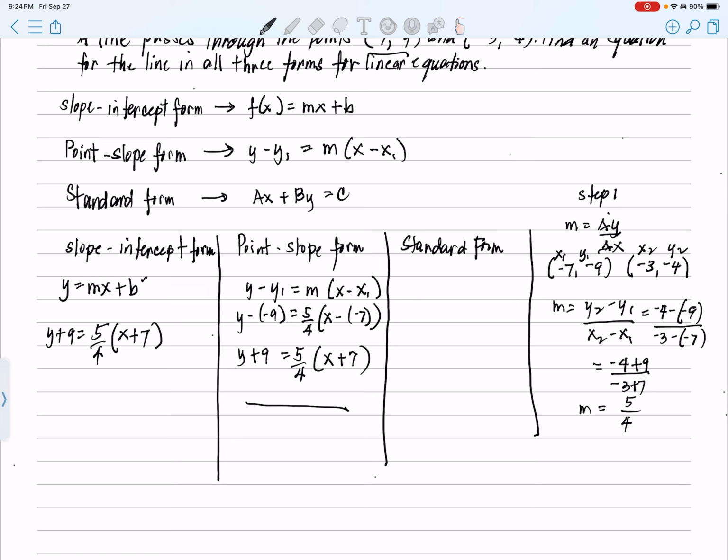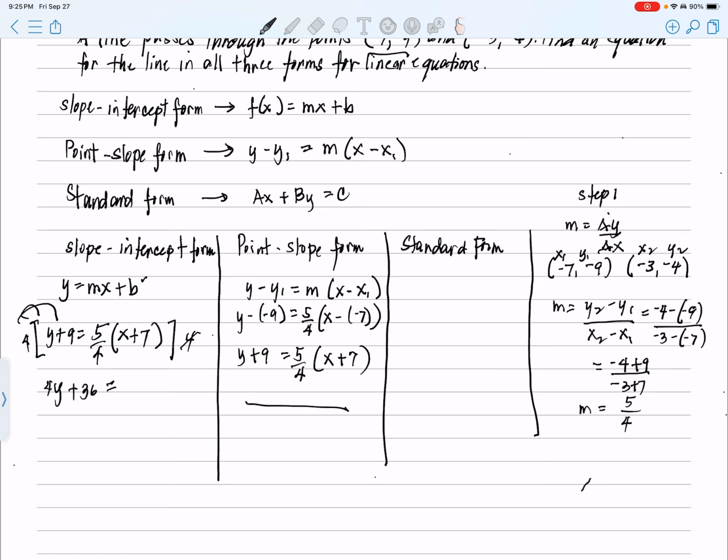Okay, we have a denominator. So let's eliminate the denominator 4 by multiplying 4 on both sides. So here on the left, we have 4y plus 36 equals.